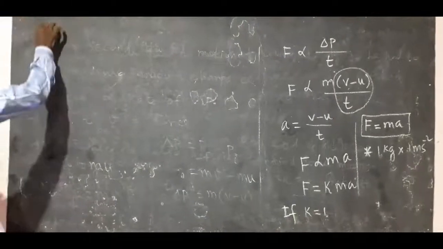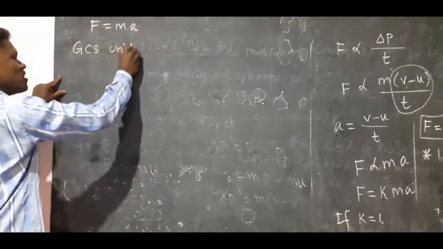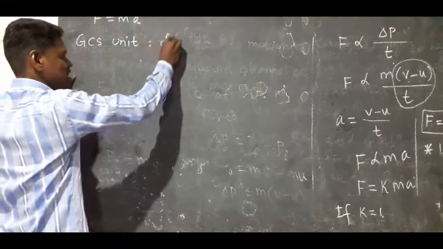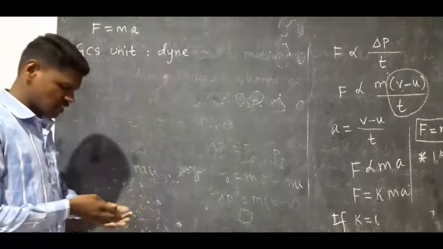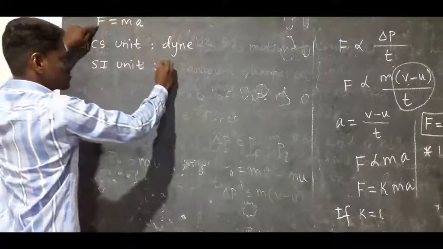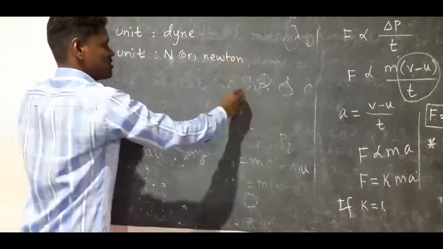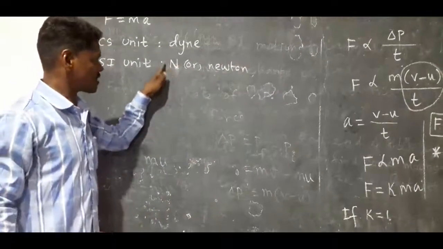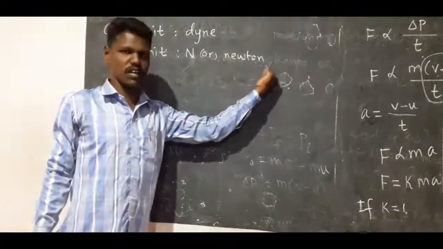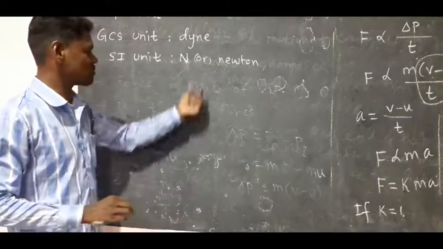Okay, listen, F is equal to ma. So the CGS unit of force is the dyne. Previously we were using the dyne, and now in the SI unit system, the unit of force is the Newton, N or Newton. When we write it in one letter alone, the first letter should be capitalized, and when we write the name fully, the first letter should be small. We studied SI unit rules and conventions in 9th.